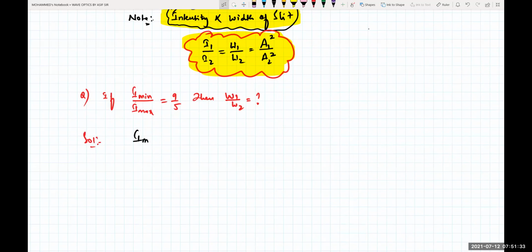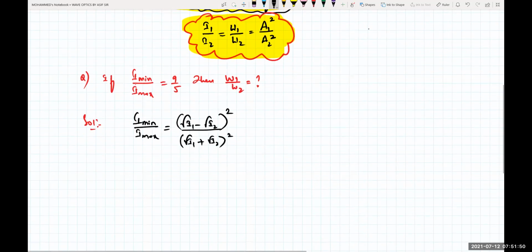What is that? It is I minima divided by I maxima is equal to root of I1 minus root of I2 whole square divided by root of I1 plus root of I2 whole square. Isn't it? So I minima by I maxima is given how much for me?